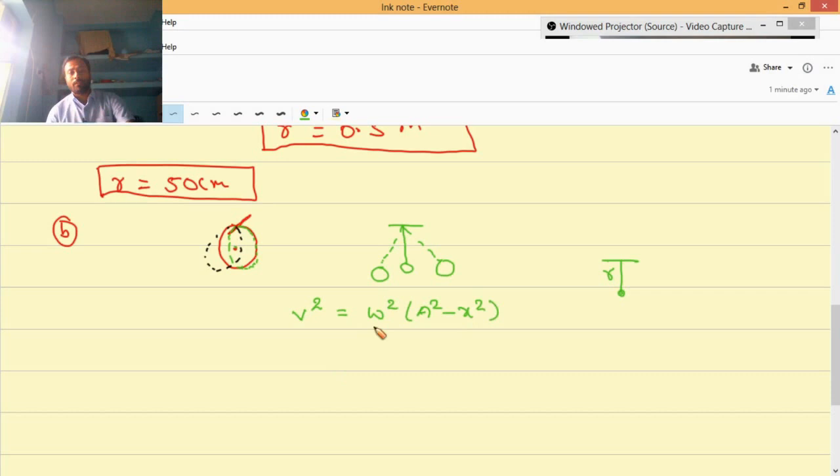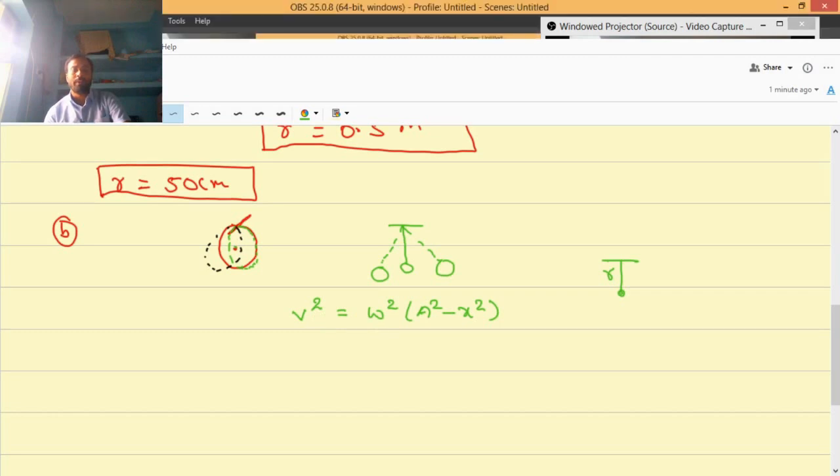Here omega square is not known to us, a square is known to us. So in order to get the value of v, what is required is the value of omega. Once we find omega, we can very easily find the value of velocity.